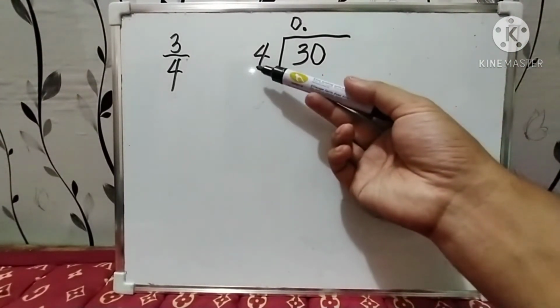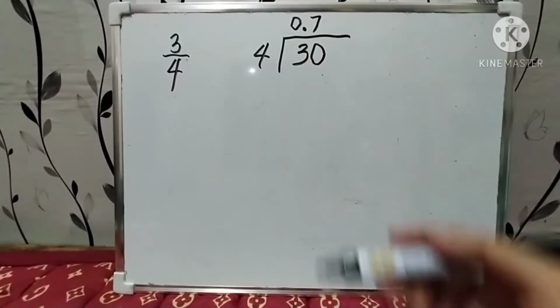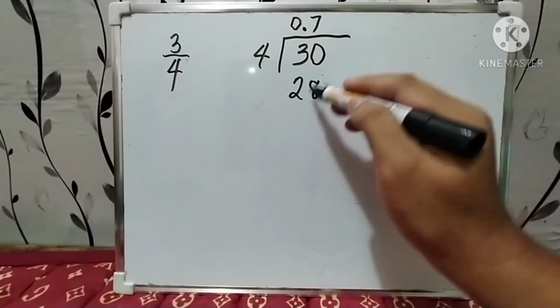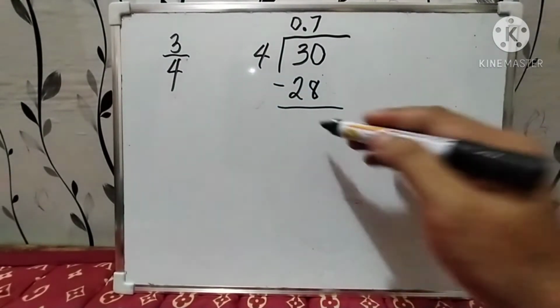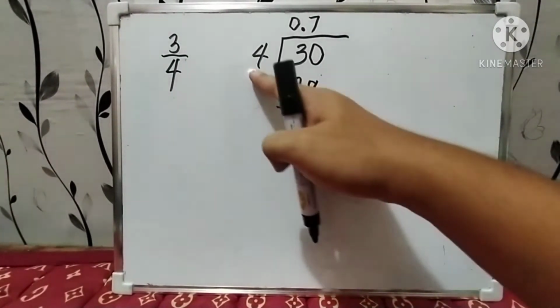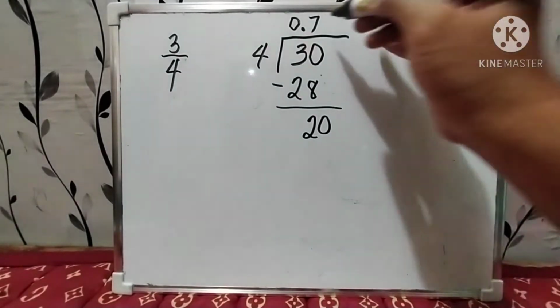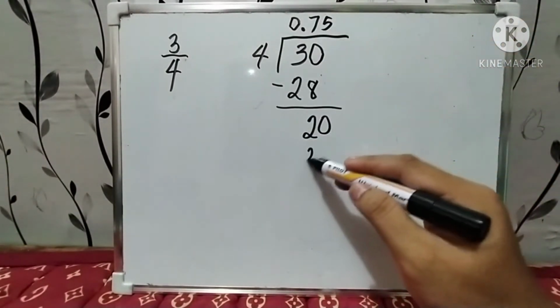30 divided by 4 is 7. 7 times 4 is 28. Then, we're going to subtract. 30 minus 28 is 2. Then, add tayo ng 0. Now, 20 divided by 4 is 5. Then, 5 times 4 is 20.